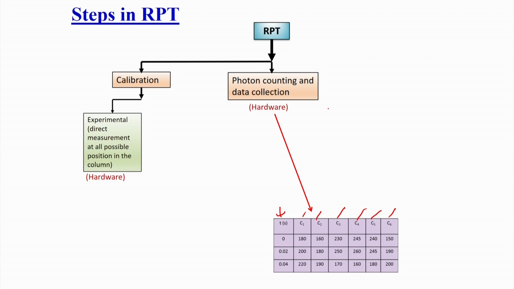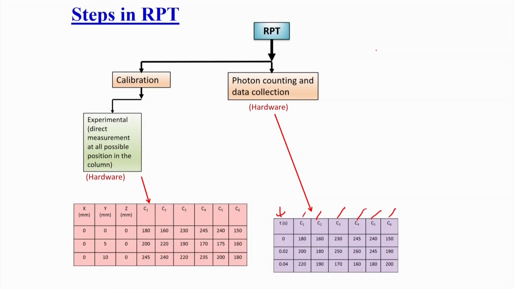So, you have to do the calibration for the entire range of column dimensions under investigation. Doing the experimental calibration is very tedious and time consuming, and therefore a software approach has been developed, which we will discuss later on, and the software does the same thing.